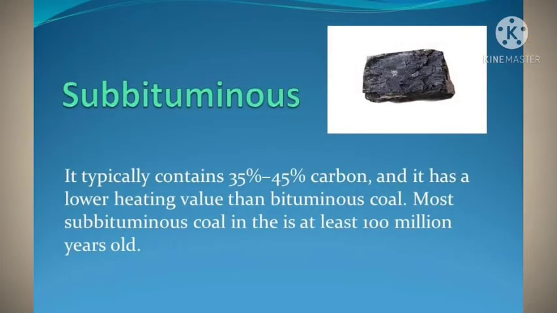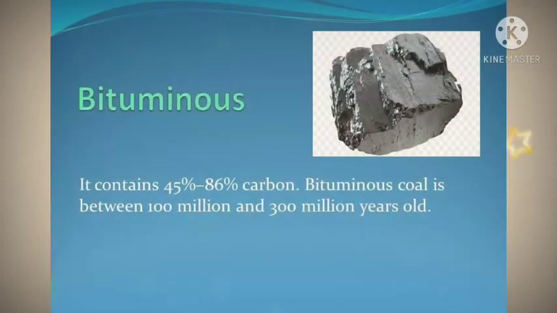One of the types of coal is subbituminous coal. It typically contains 35% to 45% carbon, and it has a lower heating value than bituminous coal. Most subbituminous coal is at least 100 million years old. Bituminous coal is another type of coal. It contains 45% to 86% carbon.